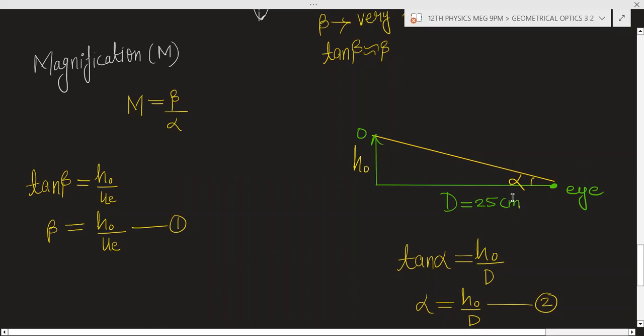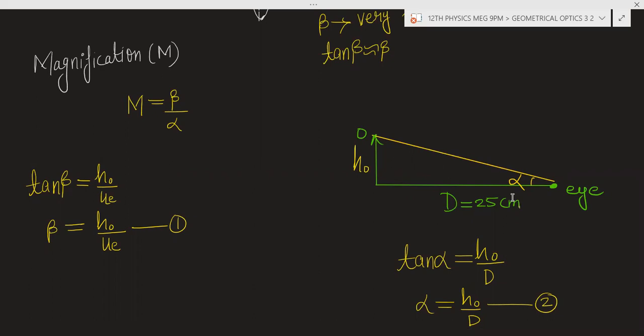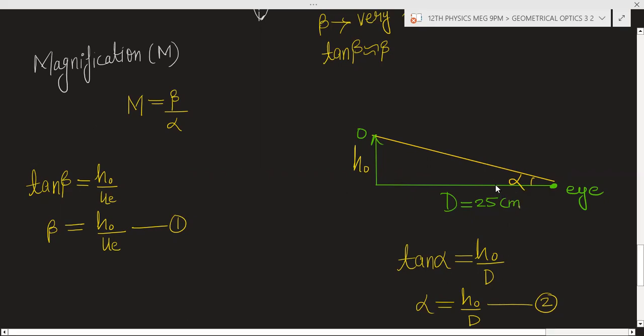In 10th class trigonometry, we studied what is tan alpha, sin alpha, cos alpha, sec alpha, cosec alpha. There we studied tan alpha is the perpendicular of the triangle divided by the base of the triangle. This HO is the height of the object, which is the perpendicular of the triangle, and this distance D is the base.